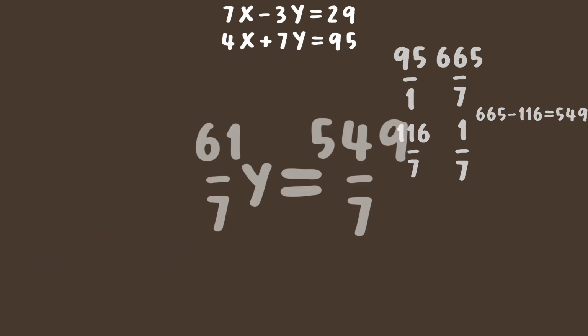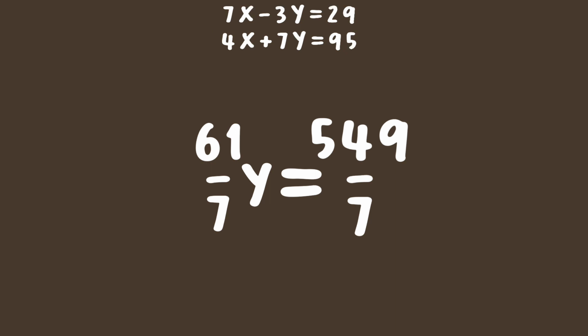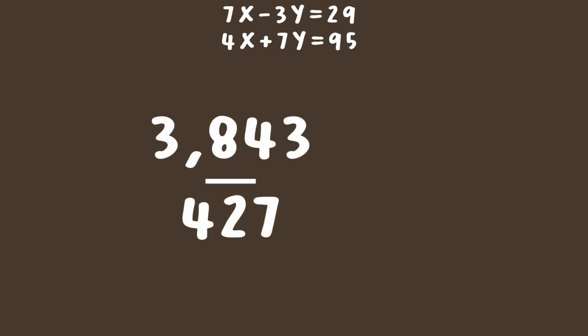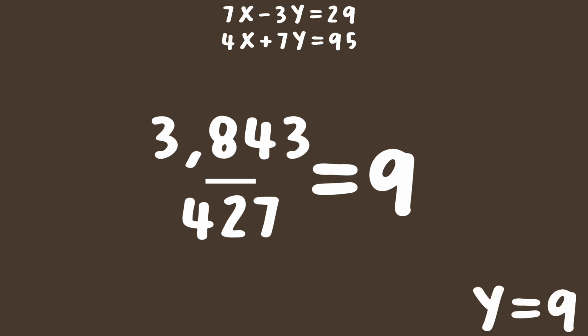And that equation was 61 over 7y equals 549 over 7. So since I wanted to get y by itself, I had to multiply the whole equation by 7 over 61, and I got 3,843 over 427, and if you divide that, you'll get 9. And so y equals 9.